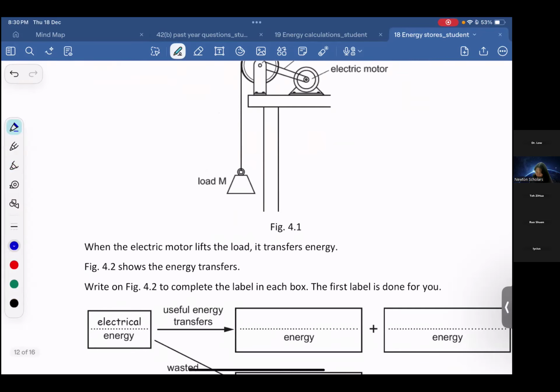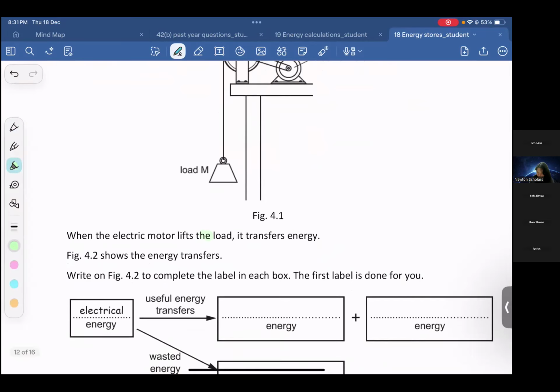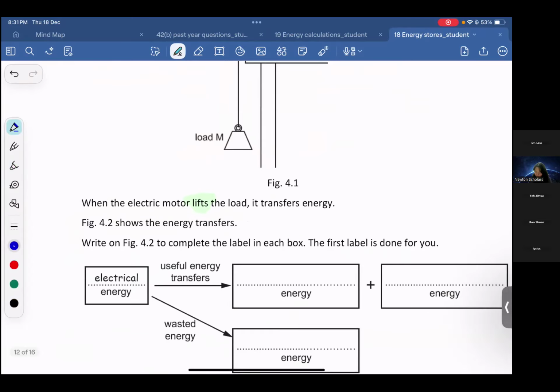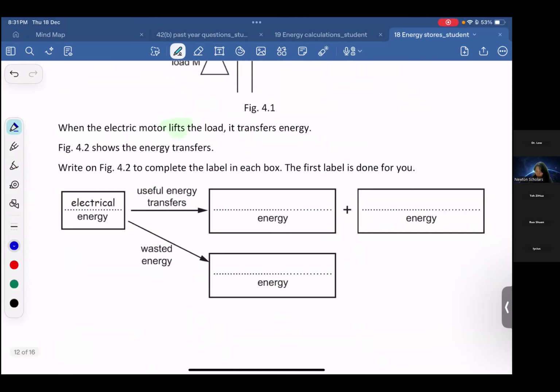So here, when the electric motor lifts, keyword. From here we can also know when it lifts. Highlight lift. It will transfer energy. Figure 4.2 shows the energy transfer. Write on figure 4.2 to complete the label. Starting is electrical.